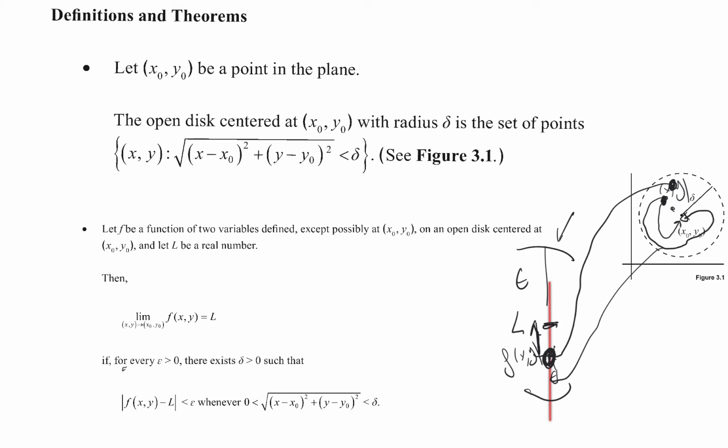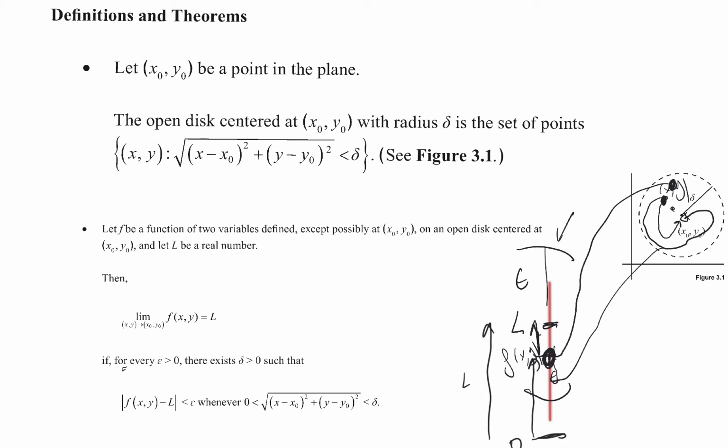For every epsilon that you choose, epsilon of course greater than 0, there exists a delta bigger than 0, of course, a delta here on the circle, such that if the distance between the value of the function at the point xy and L, suppose that here is the 0, this is f of xy, and this is L.